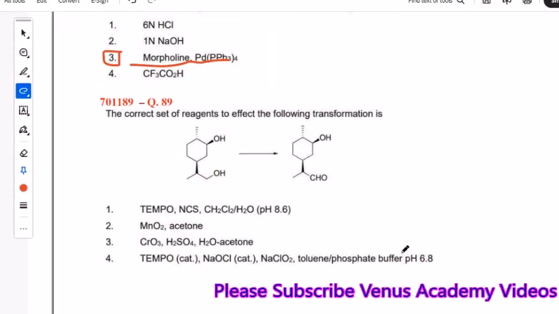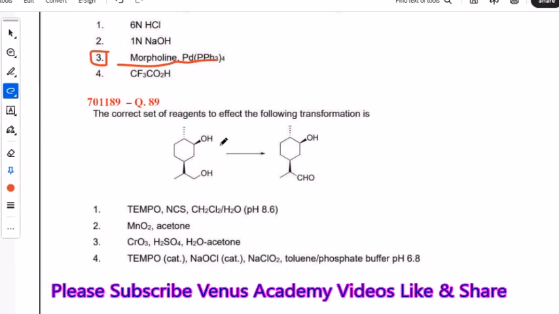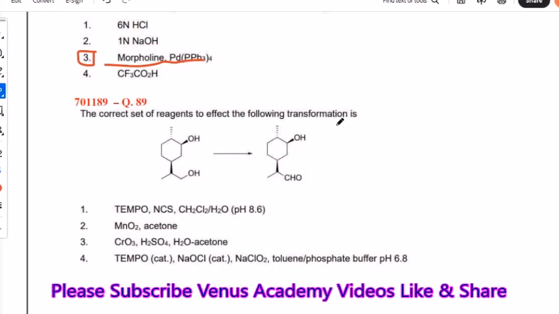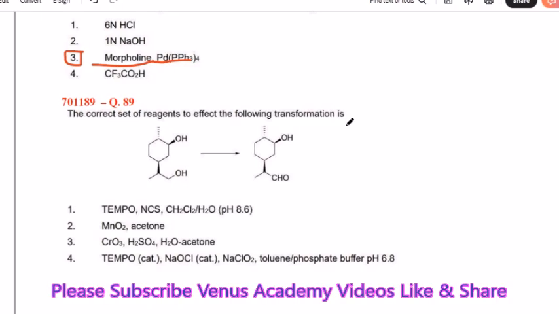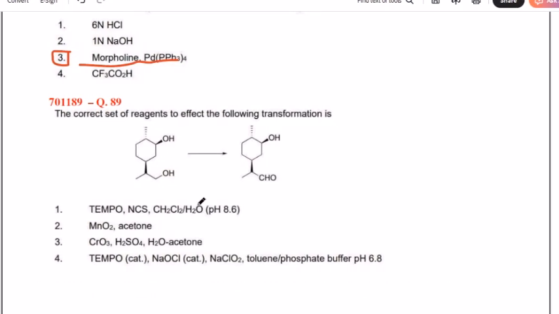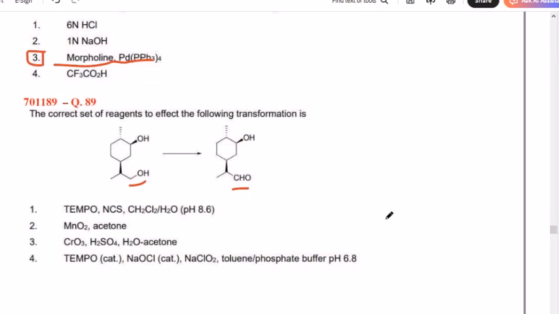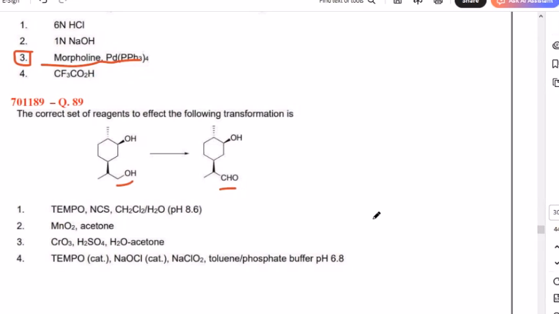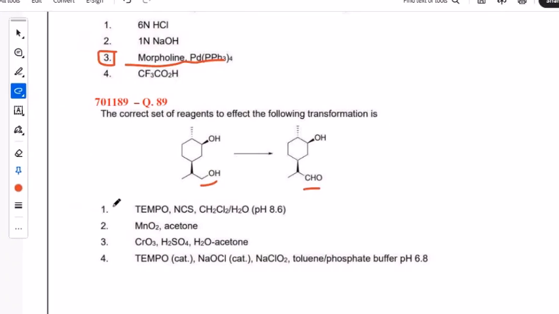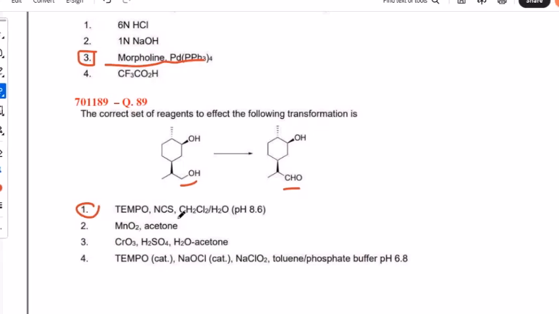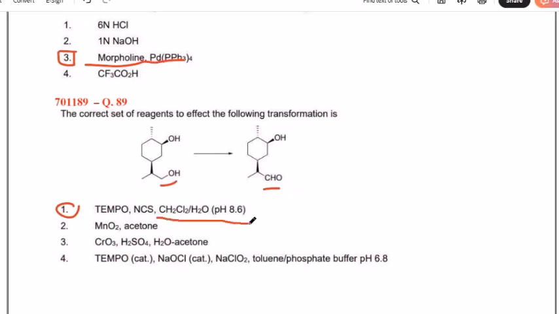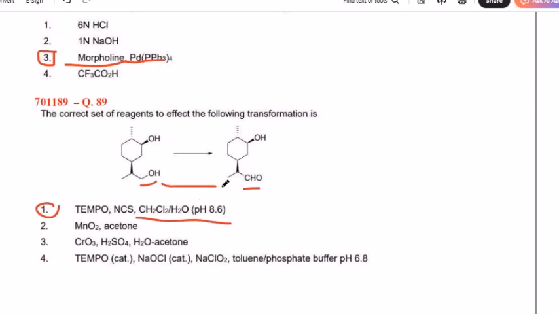Next, question number 89. The correct set of reagents to effect the following transformation is, so here this is secondary and this is primary. Primary alcohol to aldehyde is going to be achieved by using TEMPO, N-chlorosuccinimide, DCM in water. It is going to give primary oxidation.